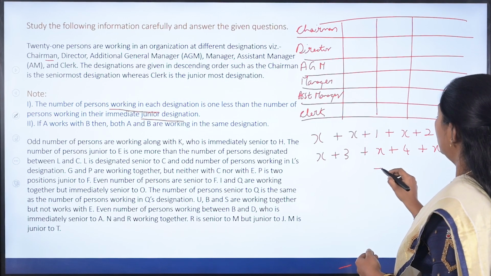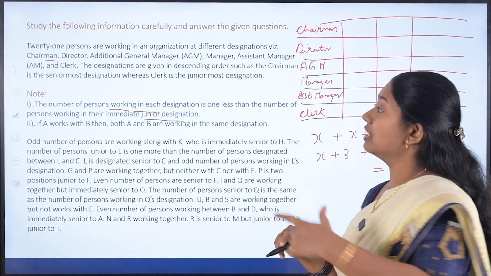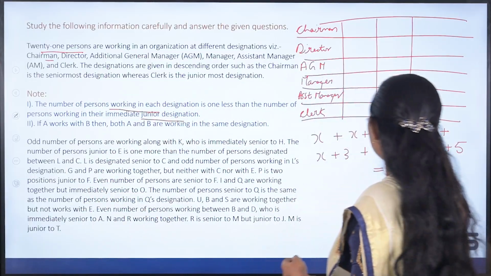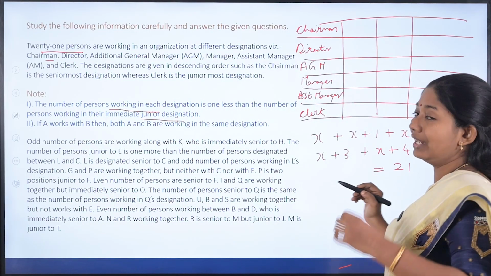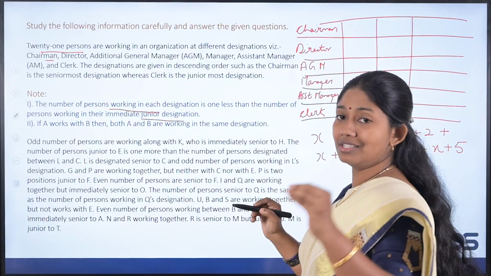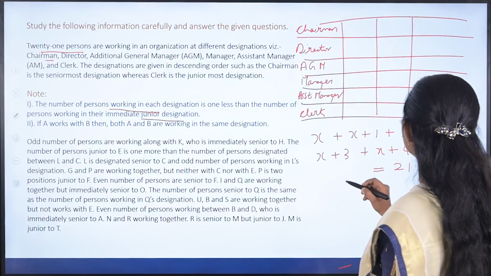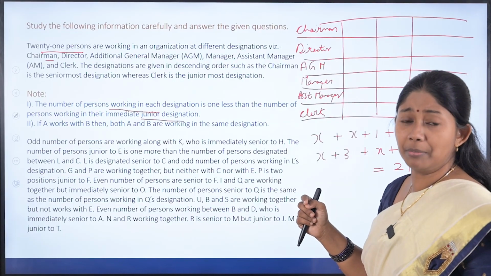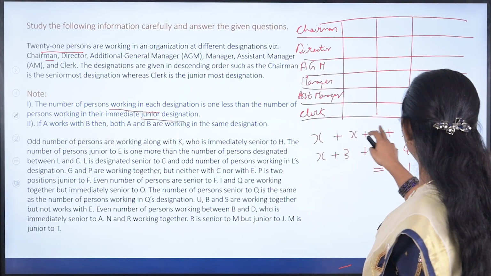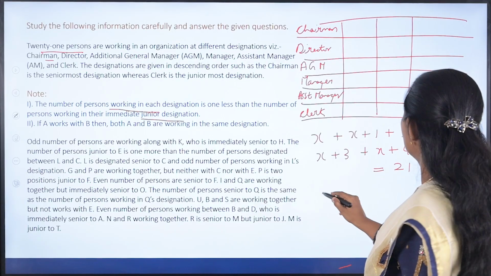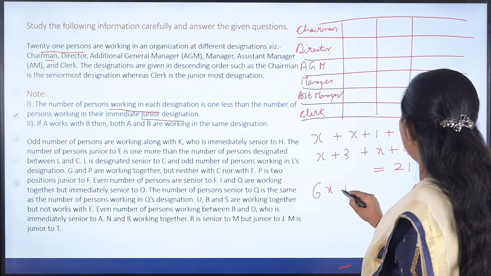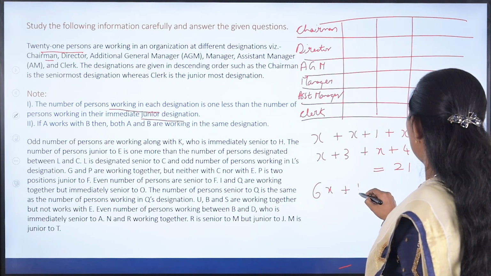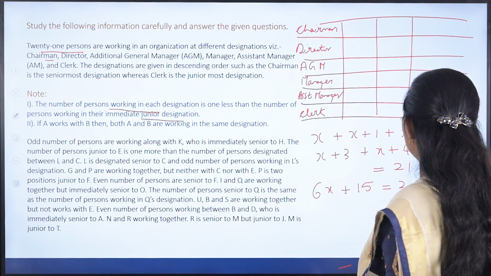All these are equal to how many persons? We already have 21 persons working. By solving this equation, you will get a clear idea how many persons are working in each designation. You can take X or whatever variable you like, N or anything. We have 6X plus 3, 6, 10, 15, so 6X plus 15 is equal to 21.